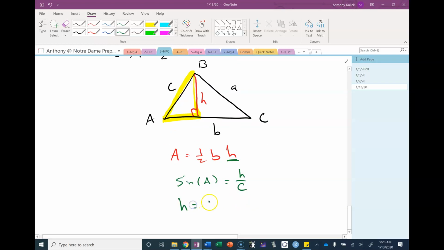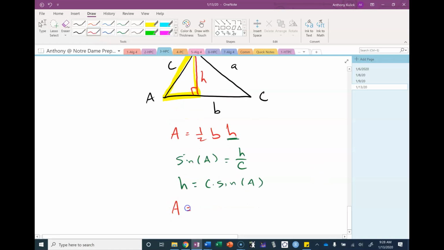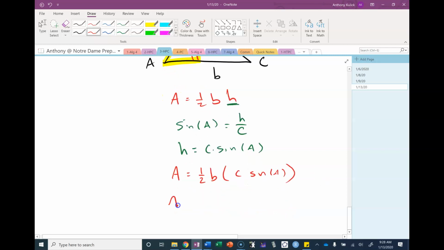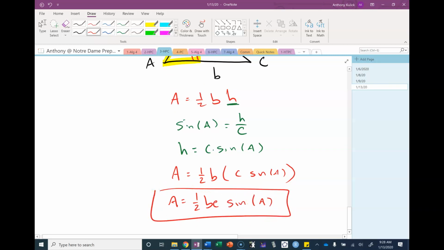And when I solve for H, then I get H is C times sine A. And when I substitute that back into our area formula from geometry and simplify, I have the formula as desired. No big deal, right? Pretty easy derivation.